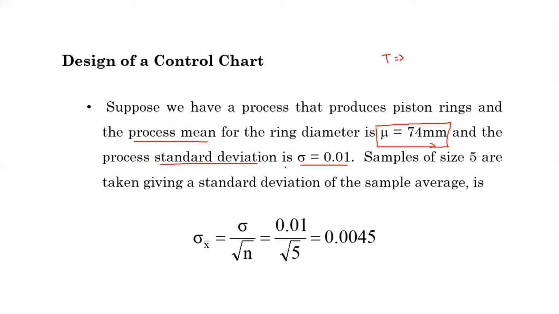Once you identify the standard deviation, for example here it is 0.1, standard deviation is designated by sigma, and sigma for this process is 0.1.